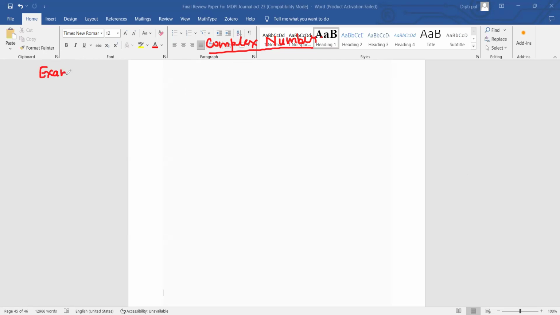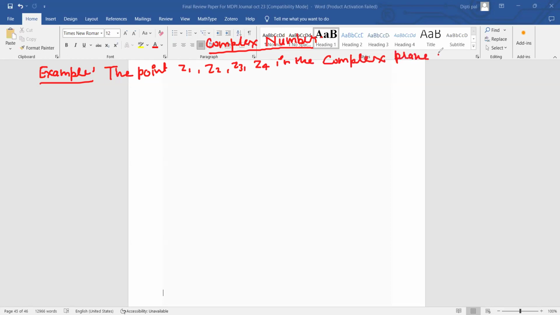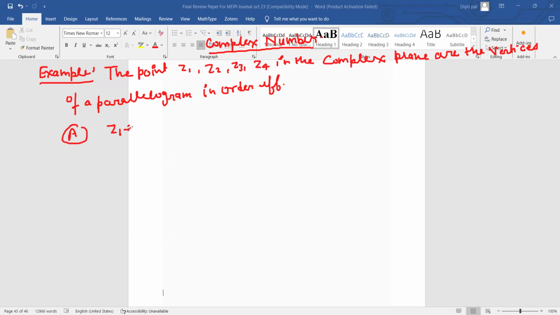So there is an example. The points Z1, Z2, Z3, Z4 in the complex plane are the vertices of a parallelogram in order, if and only if: A, Z1 plus Z2 equals Z2 plus Z3.